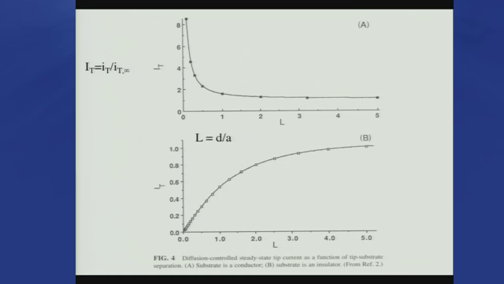And what's very nice about it is if it's made as a dimensionless plot, if you take the current and normalize it by the current at infinity, so i over i at infinity, that becomes dimensionless. And if I take the distance d and normalize it by the radius of the electrode a, that's also dimensionless. So in fact, these two plots, the positive feedback and the negative feedback plots, are universal plots.